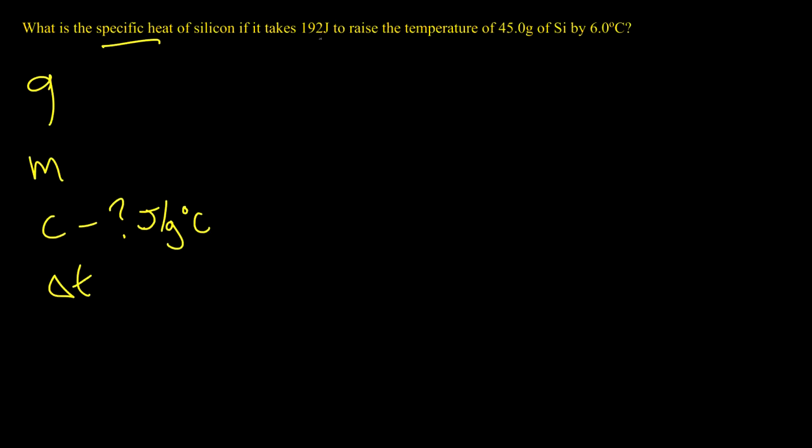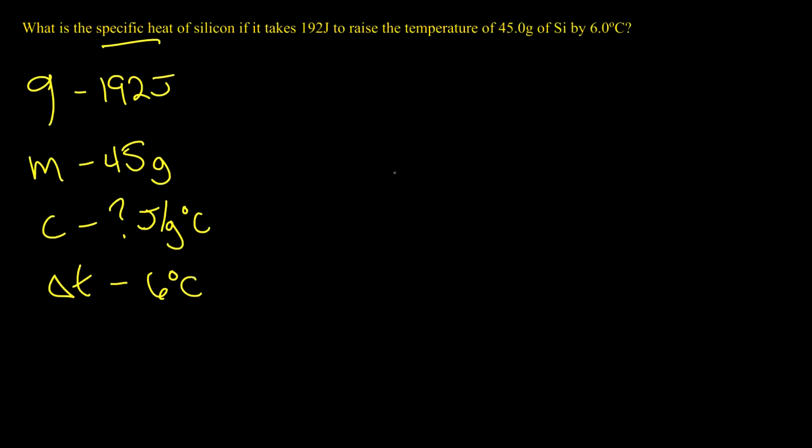I got 192 joules of energy. To raise the temperature of 45 grams, so that's mass, 45 grams, by 6 degrees Celsius. So it changes by 6 degrees Celsius. This is a change in temperature. No need to find the change in temperature since it gives it to us.